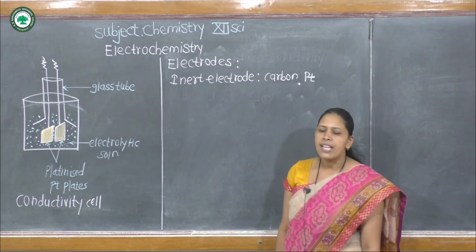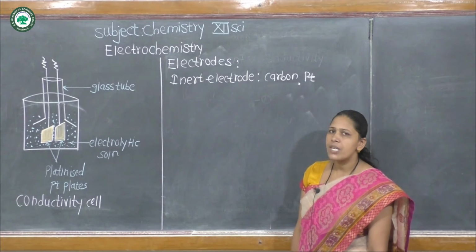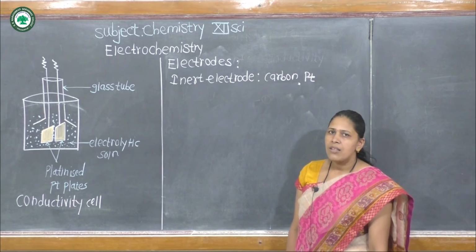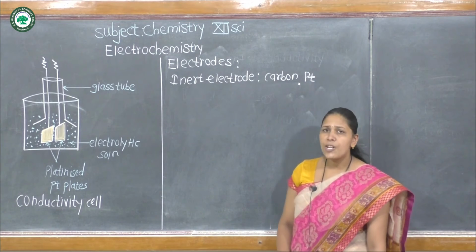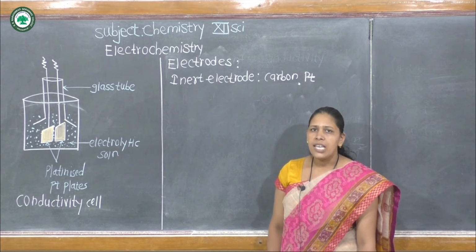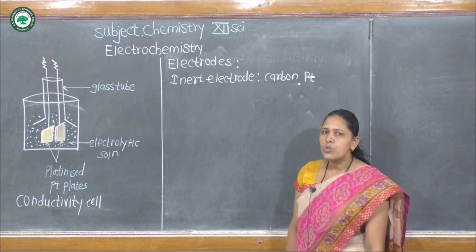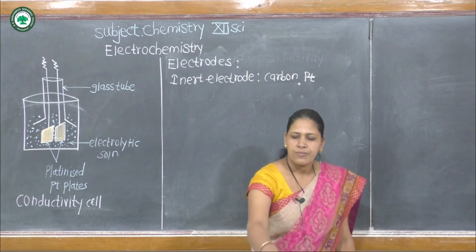An electrode that does not participate in electrochemical reactions. Then what is the role of inert electrode? They do not participate in the electrochemical reaction, but they only help to transfer electrons from anode to cathode.